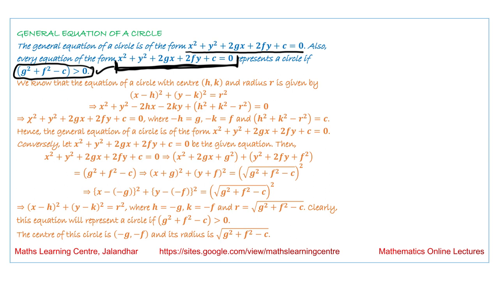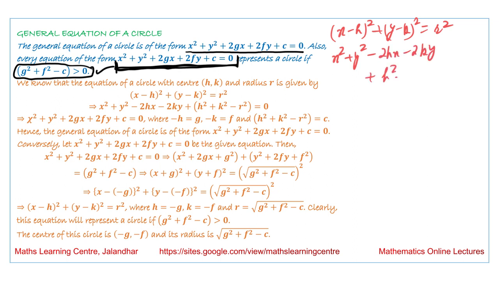So we start with the equation of the circle in the standard form, (x − h)² + (y − k)² = r². If we open all these brackets, we obtain x² + y² − 2hx − 2ky + h² + k² − r² = 0.